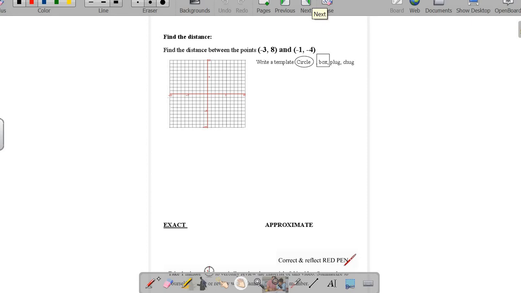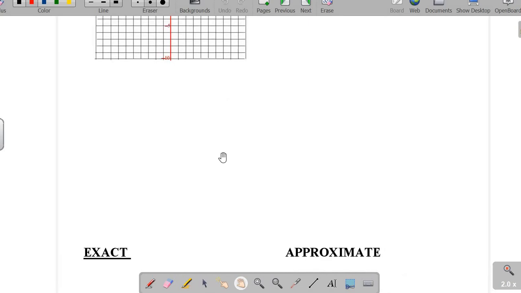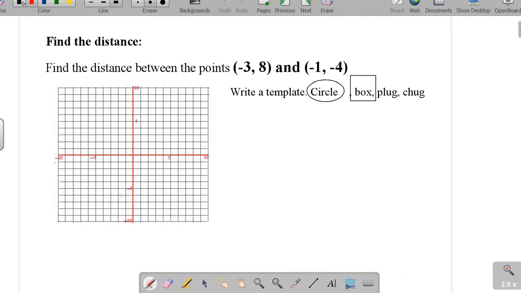So now we're going to find the distance between these 2 points.